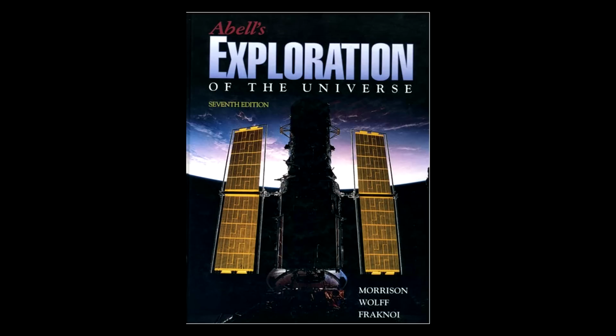His work on this book, Exploration of the Universe, was so good that others have taken up the task to keep it alive. Today, you can get the 9th edition. If you want to get serious about astronomy, this is the book for you.